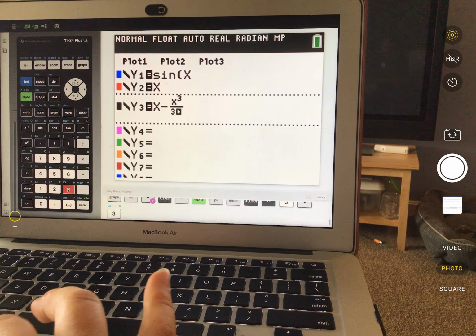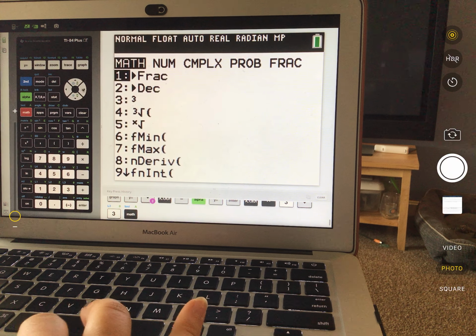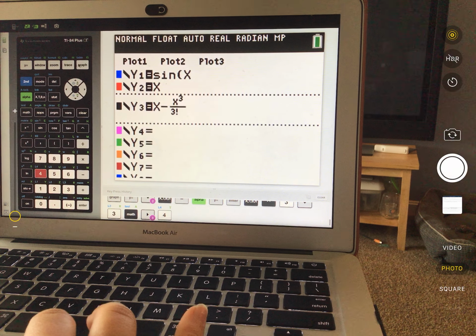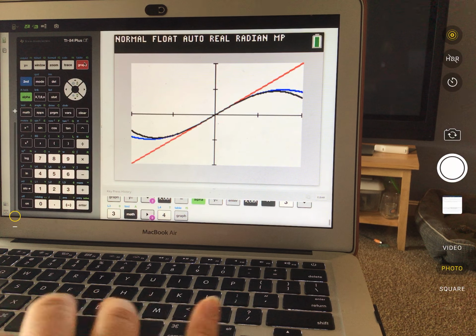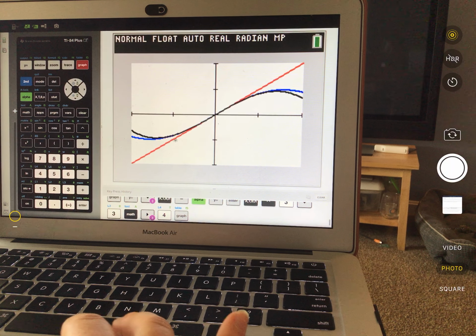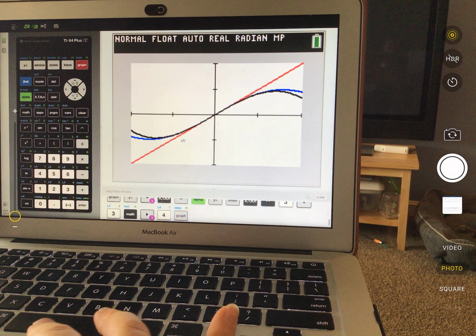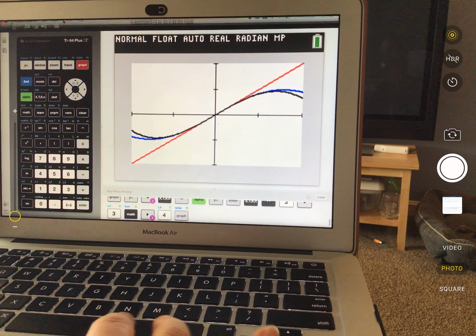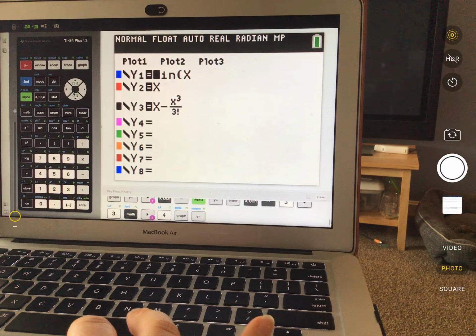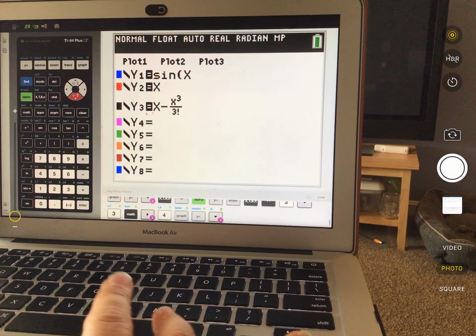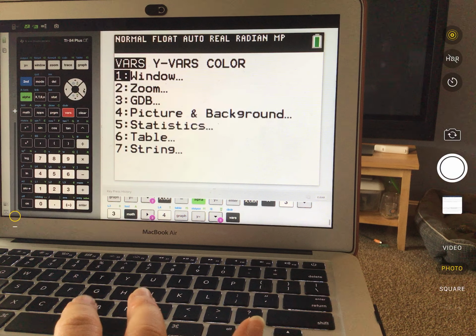So I'm going to create a fraction by doing alpha y equals, and then I've got x cubed over 3 factorial. Remember, factorial is under math. You're going to go over to probability, and then it's option number 4. Then I'm going to go back to my graph. Right, so we can see now the black curve is our newest approximation, and now this one's even closer to looking like sine of x over that window that we have set up here.